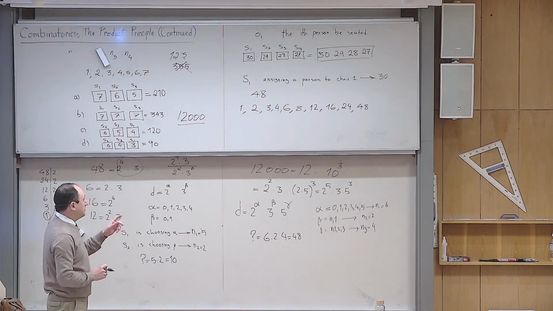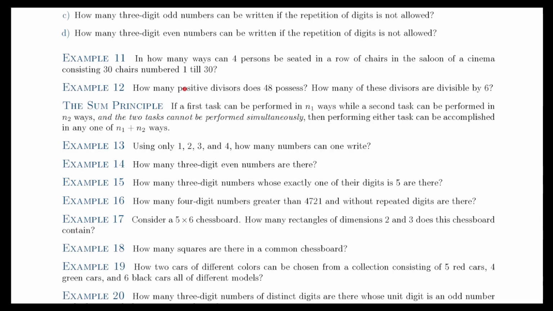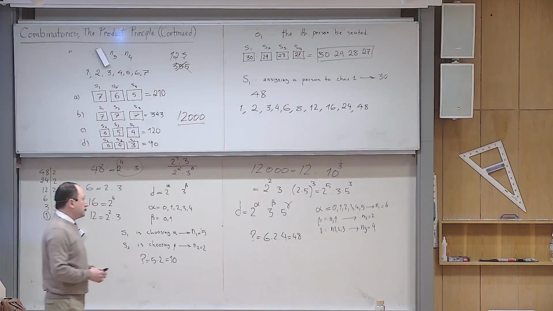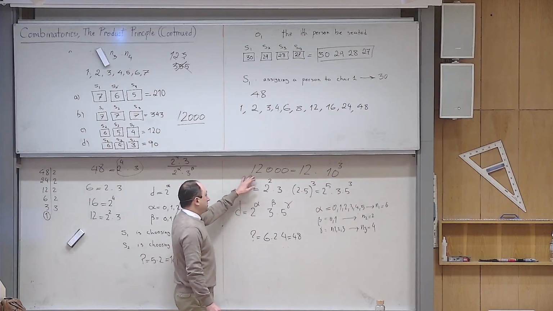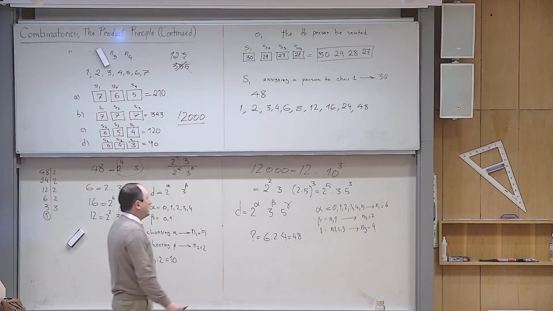Okay, so for example, now do you remember there was something else in the question? How many of these divisors are divisible by 6? Yes? In the case of 48. For example, I can say in this problem, how many divisors are divisible by 100? Or something like that. So how do you think I will answer that?